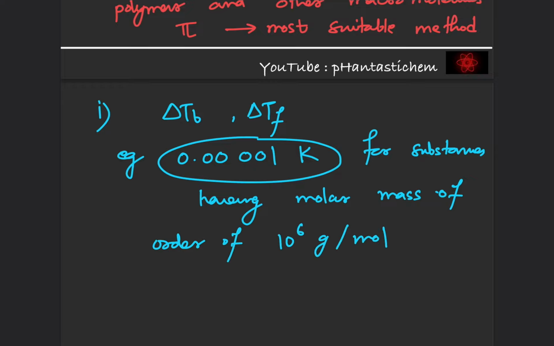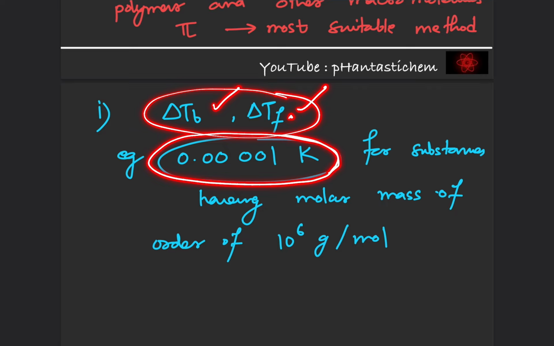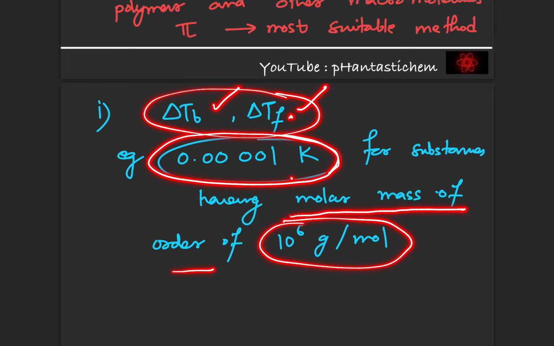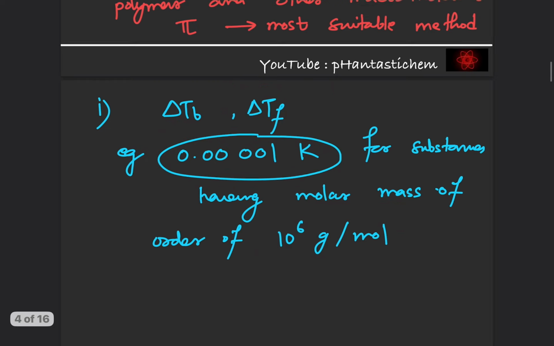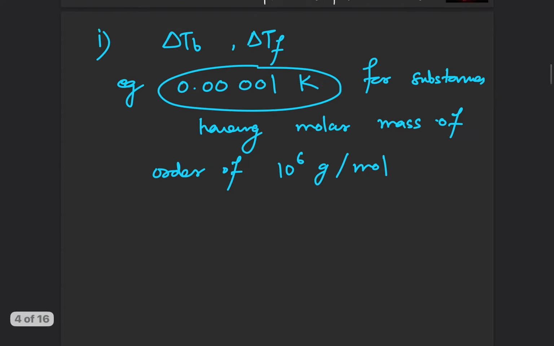So you can see here for other colligative properties like elevation in boiling point or depression in freezing point, the change is very, very small, so it is difficult to record, and it is so small for a macromolecule of mass 10 power 6 gram per mole, right? But osmotic pressure of order of 10 power minus 3 atm can be easily measured in terms of mm.